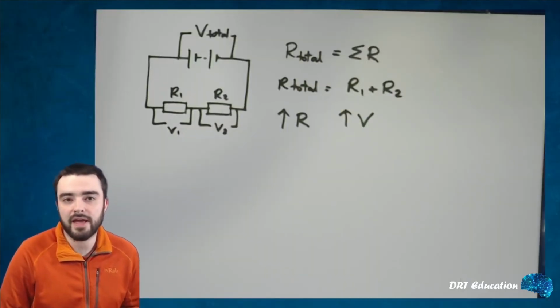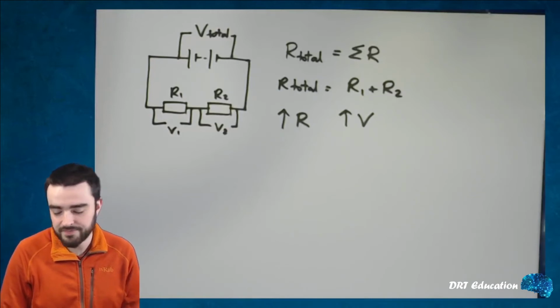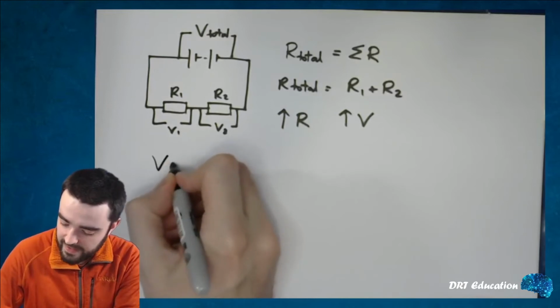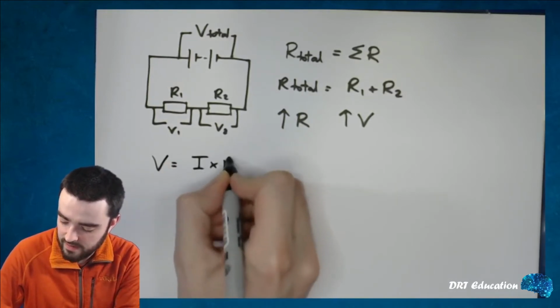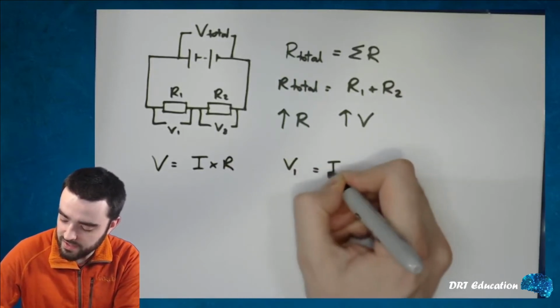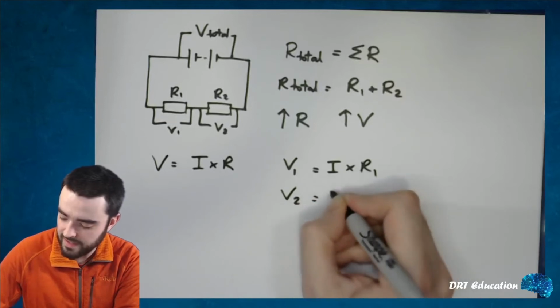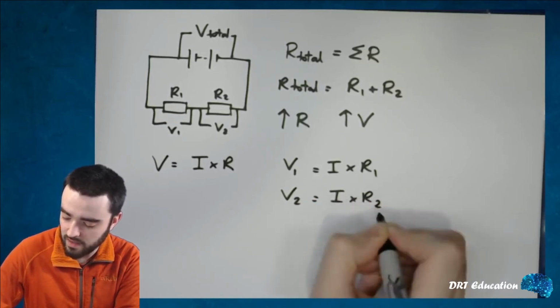So let's have a look at the relationship between the resistance and the voltage. We can do this by using Ohm's law. If V is equal to I times R, we can say that V1 is equal to I times R1 and V2 is equal to I times R2.